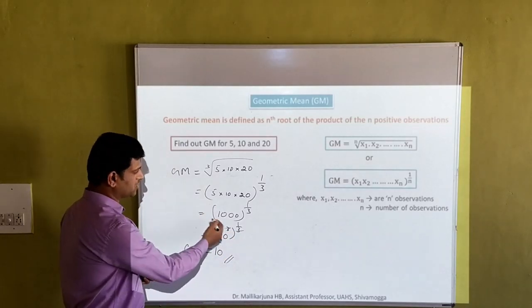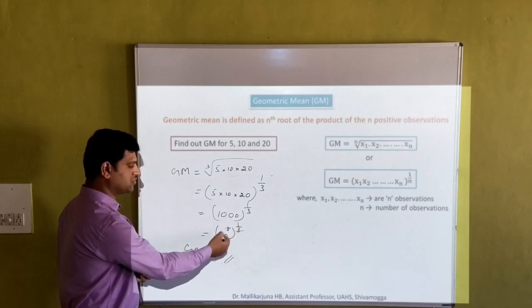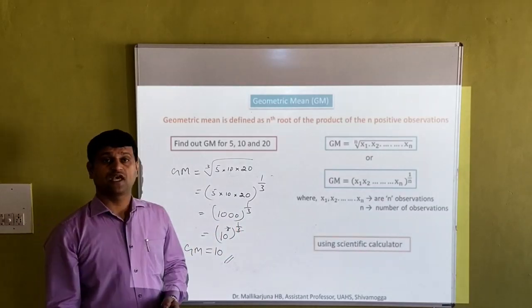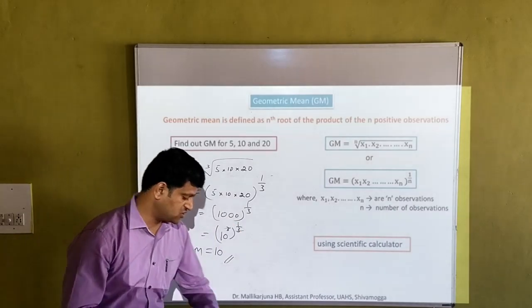This is simple, as the calculation came to a round 1000. Here, using a scientific calculator is the best.